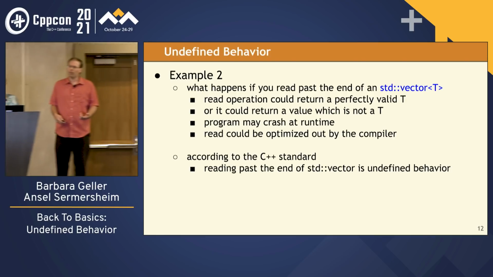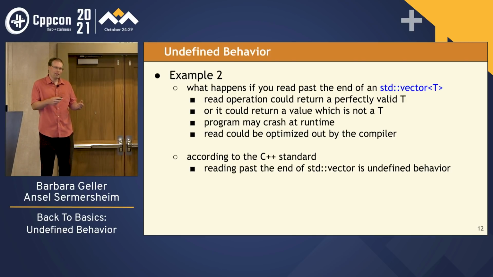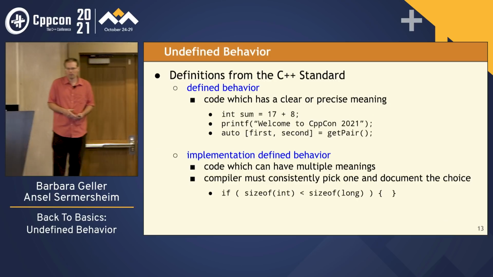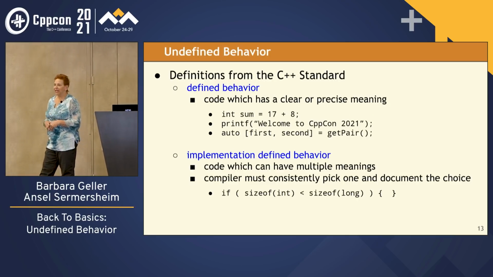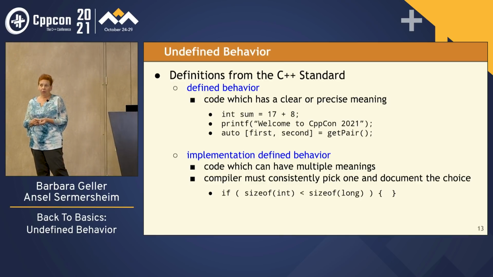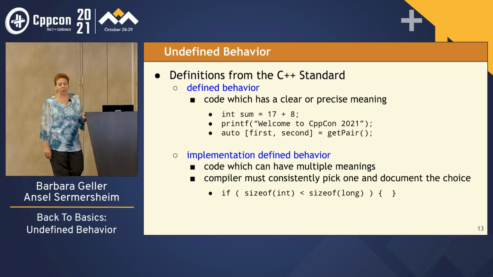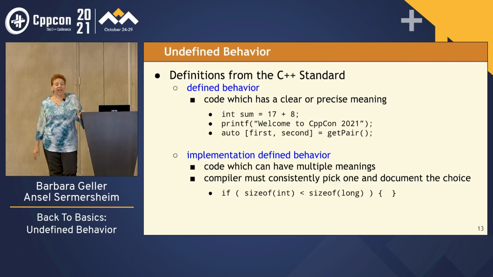So let's take a second to walk through what the C++ definition of the various kinds of behavior are, so that we understand what it means to say this is undefined behavior. So the first definition we need to look at is defined behavior. And this is specified in the C++ standard. So if you were to see an expression like this of int sum 17 plus 8, that has a defined value.